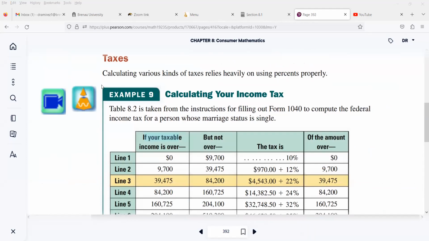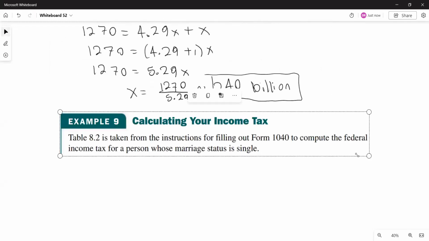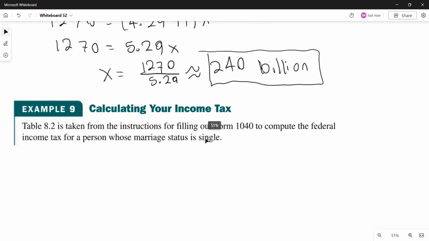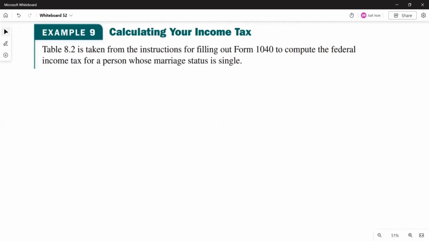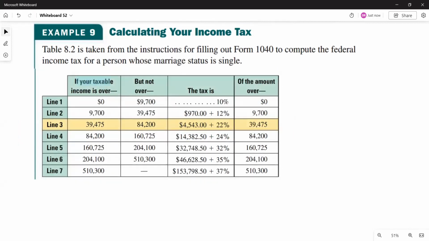I'll copy the first part of example 9 on the next page, 392. I'm going to copy this table, and finally, I'll copy the questions.